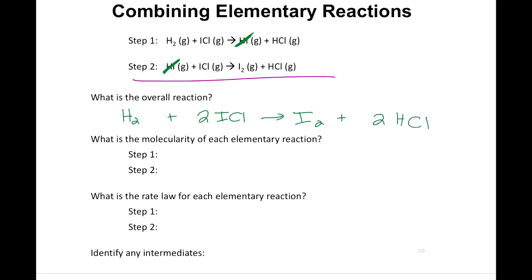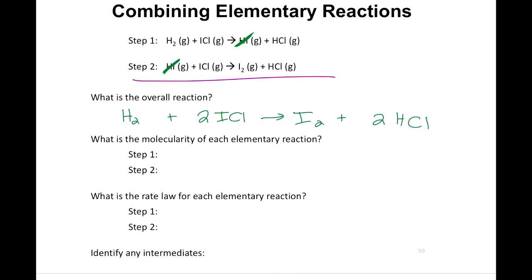This overall reaction is what we would inspect using stoichiometry, but what's happening behind the scenes is two different collisions, two different steps. An H2 molecule and ICl are colliding to make an HI particle, but then that HI particle gets consumed in the next step, so we never see it in the product.